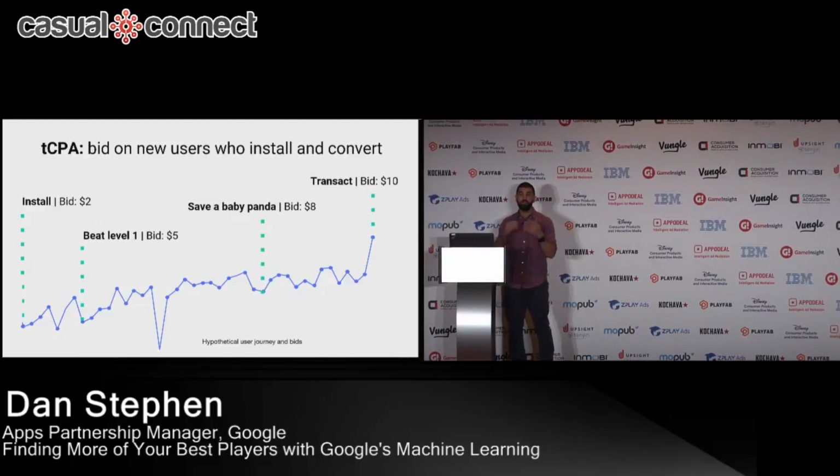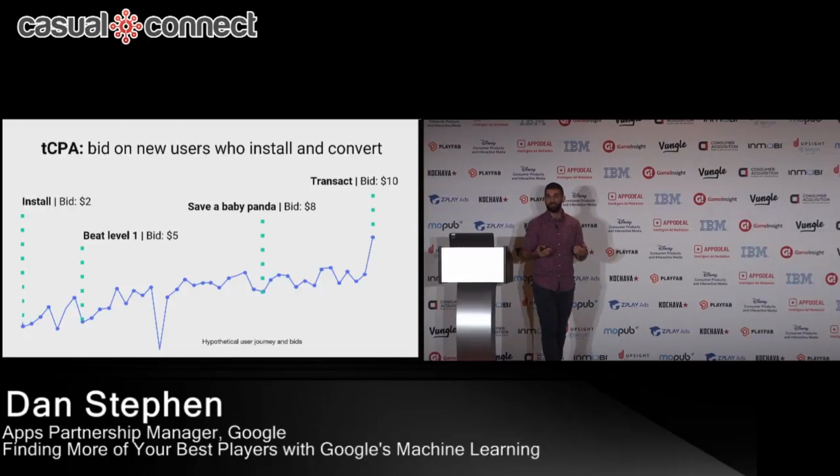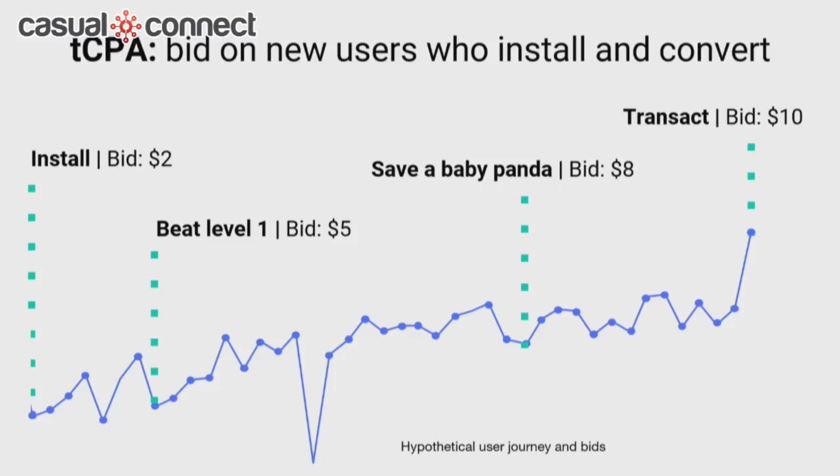But first of all, let's focus a little bit on TCPA. In the old paradigm, we'd all bid for an install and hope that that user would eventually become a payer. What we're seeing now with a lot of developers who are embracing TCPA, a lot of gaming developers, is that they're trying to drive for a purchase or a first-time purchase. And obviously, they have to bid significantly more than that.